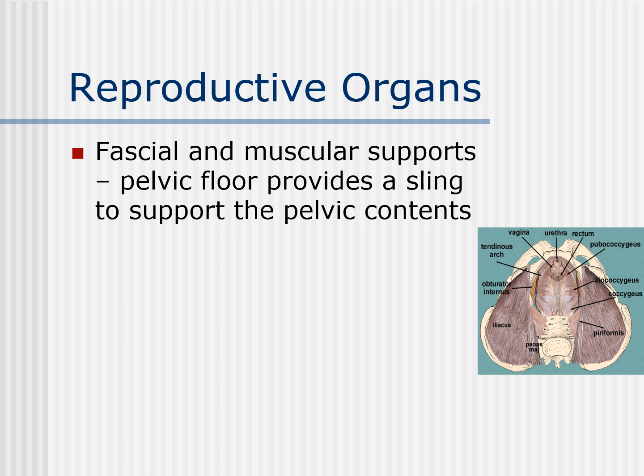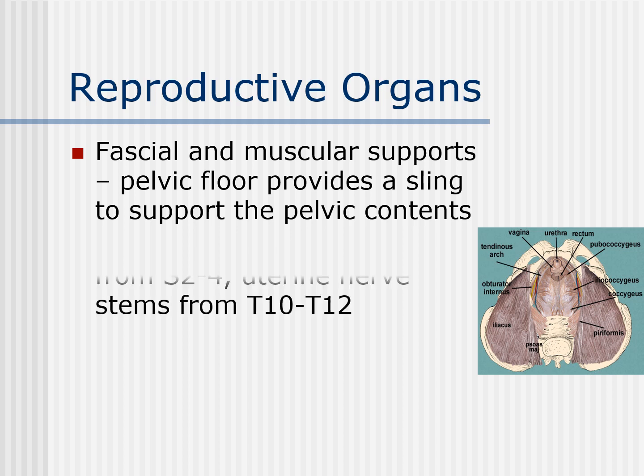On top is anterior, on the bottom is the sacrum. So you're looking at the pelvis as if it's in a transverse plane section. So you can see the levator ani and the other pelvic floor muscles, which make kind of a sling at the bottom of the pelvis.